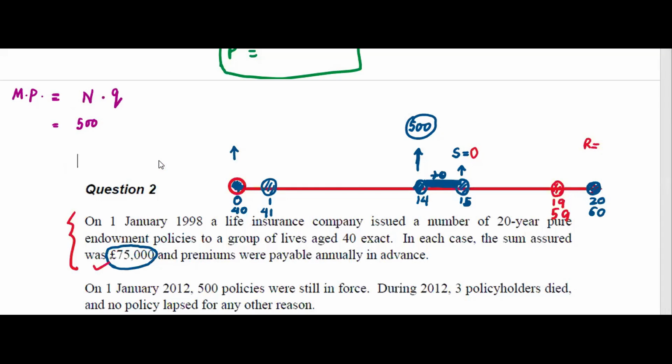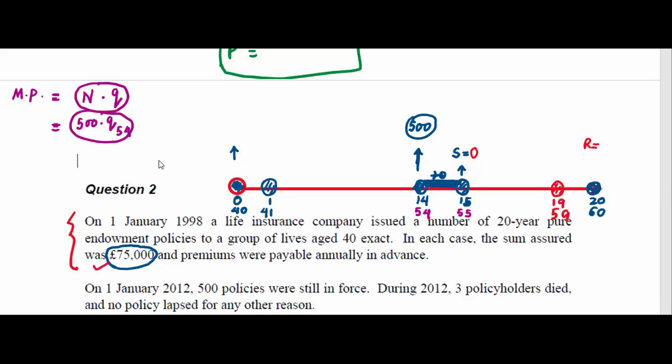Here, this total is the expected number of people who will die. Out of 500, what is the probability that a person will die? That is according to age. Here age is 40, here 41, here 54 if I'm not wrong. So q54 you have to write. This is the probability that a person will die between 54 and 55. 500 into this is the expected number of people who will die during the year.